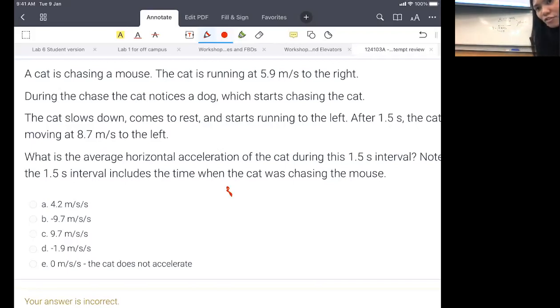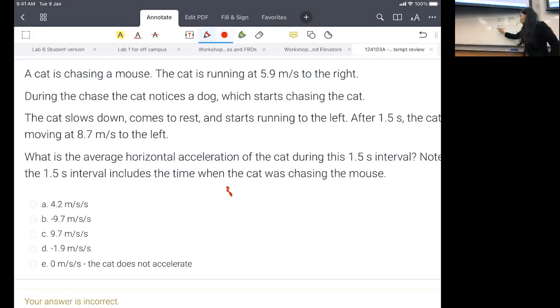All right. Just checking if she can see the board. And they want you to find the acceleration. So from definition, acceleration is the change in velocity over the time interval. Whenever we say change, that's final minus initial. So final velocity minus initial velocity divided by the time interval. And we know all the information.